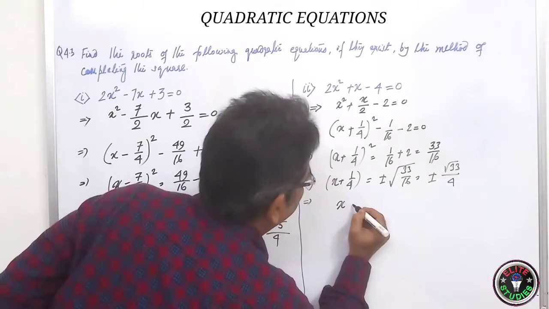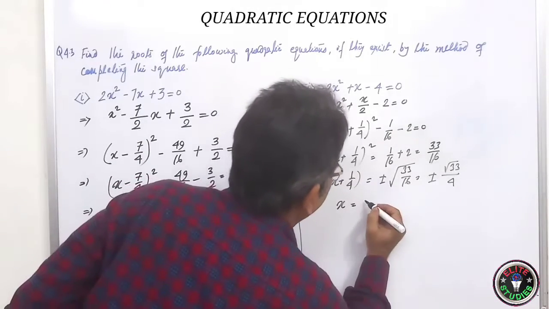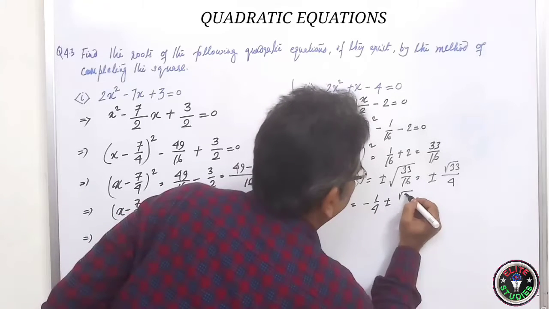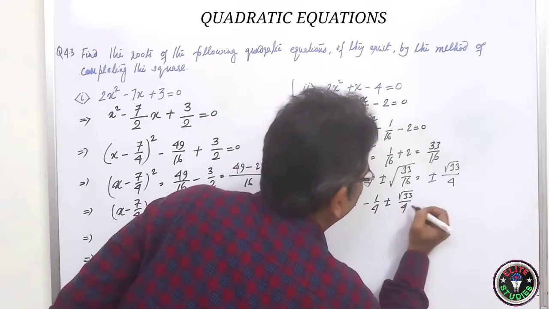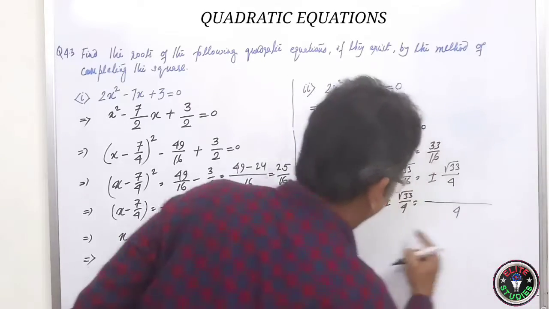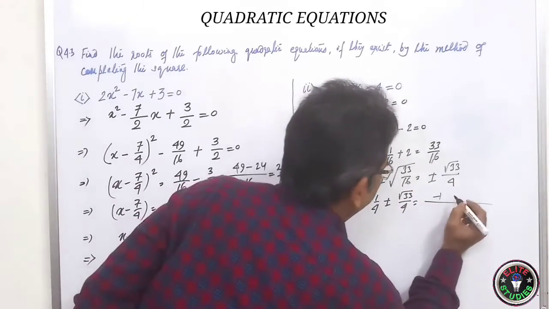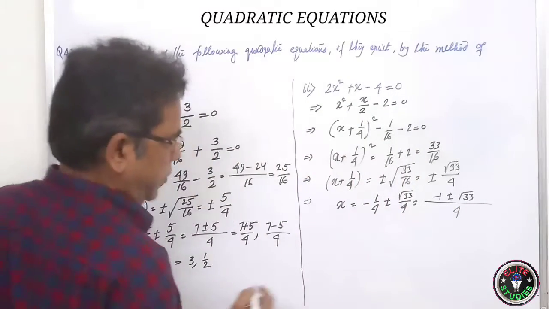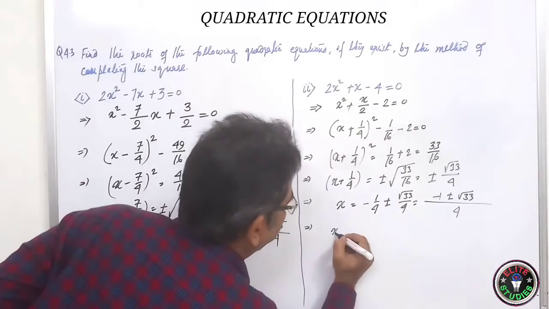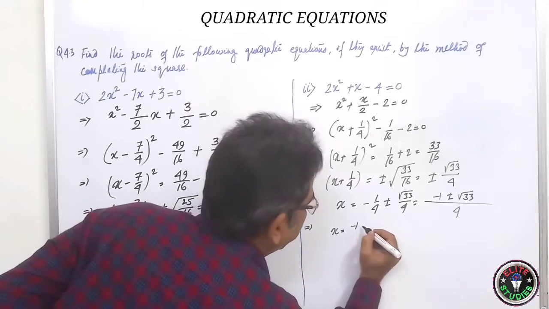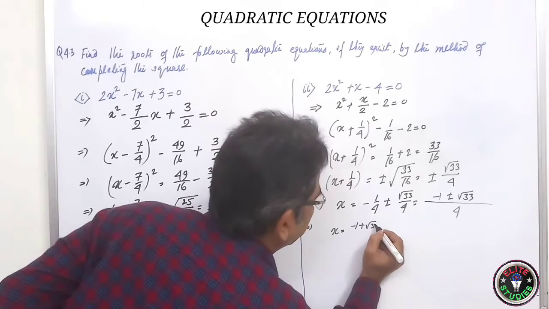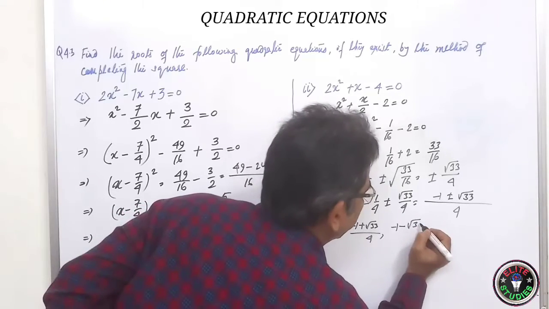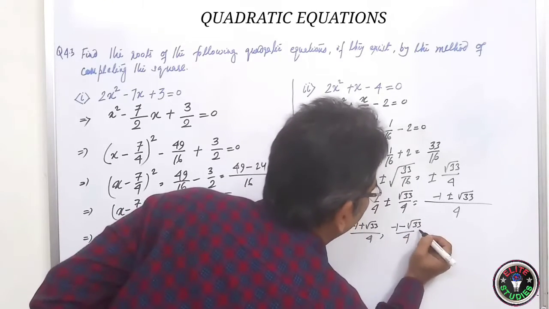So x will be equal to, take that side, minus 1 by 4 plus minus root over of 33 by 4. So LCM will be 4. It will be minus 1 plus minus root over of 33. So here, our roots are x is equal to minus 1 plus root 33 by 4 and minus 1 minus root 33 by 4.